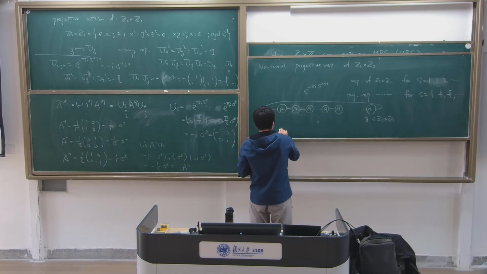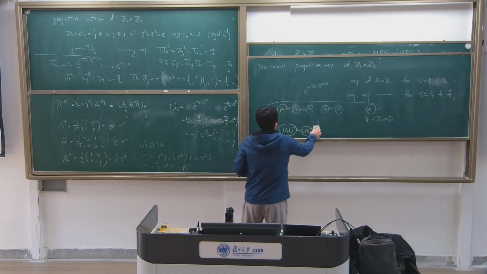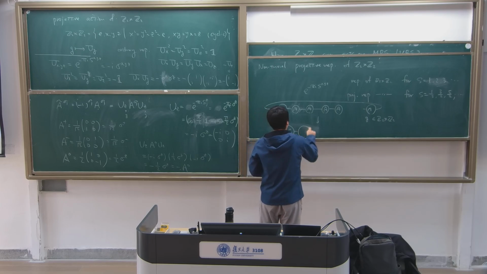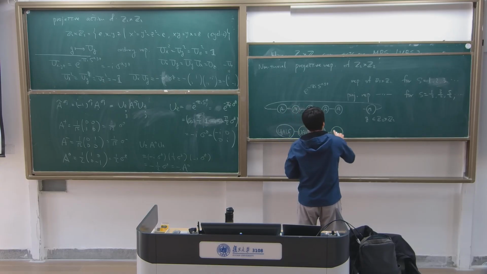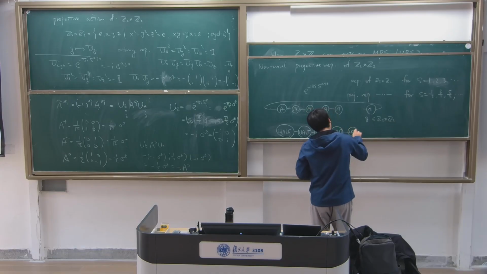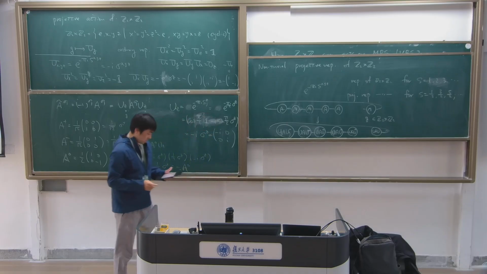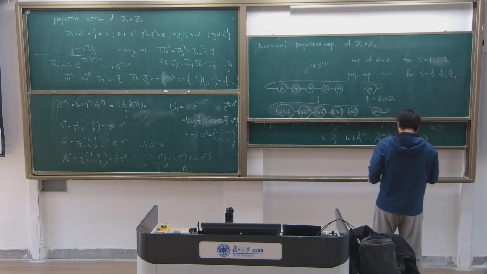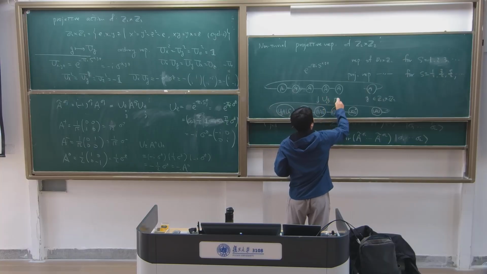Then we dress with this U. And this action U_G is a projective representation.